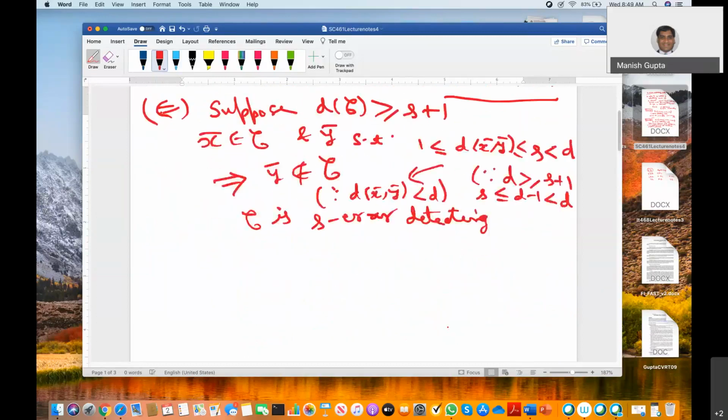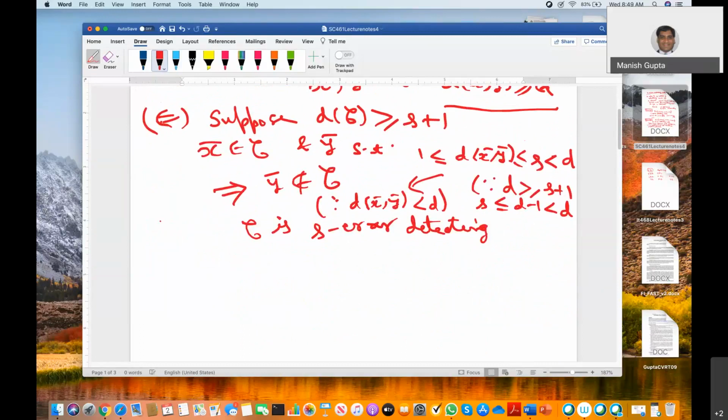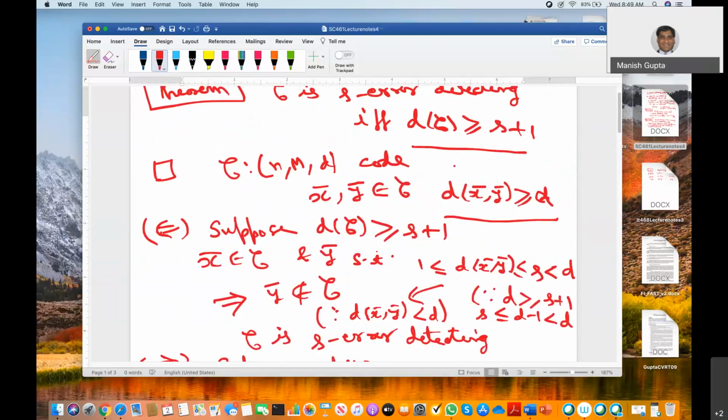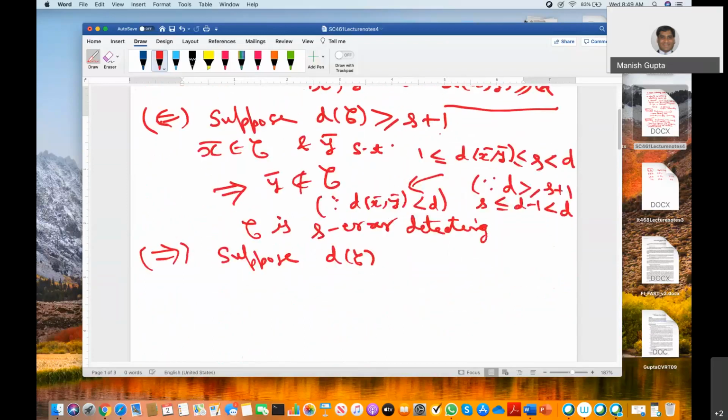On the other hand, now if you want to prove in this direction, we have to assume that the distance of C is at least S plus 1. Suppose it is not, then we'll show that it is not S error detecting. Suppose d of C is less than S plus 1.